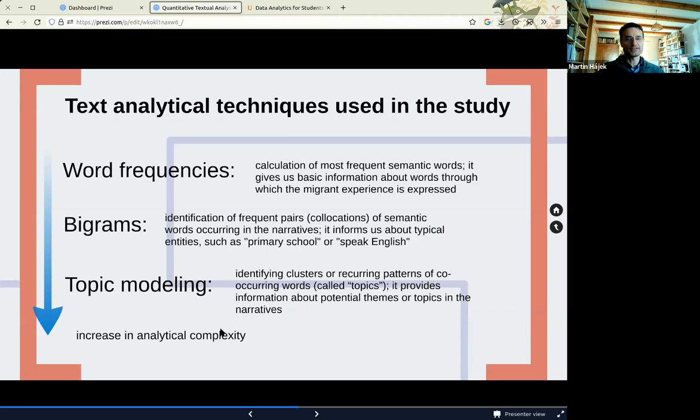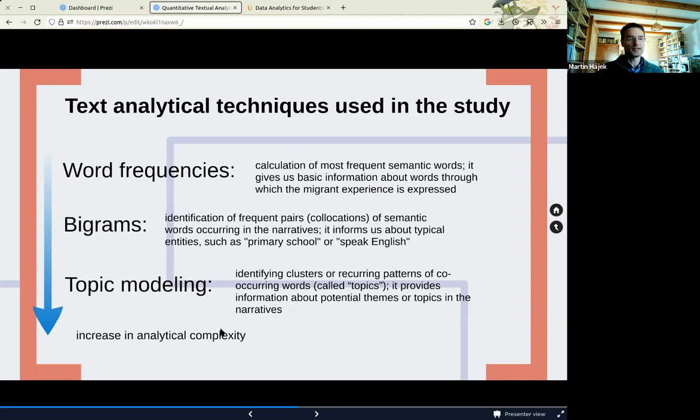So I kept only semantic words, and the rest were stop words. And I calculated the most frequent ones, and it gave me basic information about words through which the migrants expressed their experience.